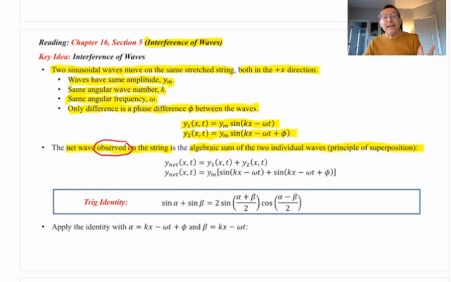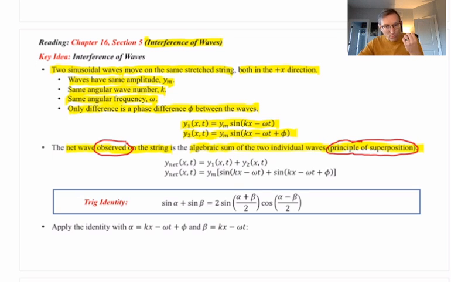Algebraic sum, add. If you want to impress people at a party, you can tell them you have learned about what is called the principle of superposition. That principle says that what you would observe for the actual wave in the medium is just the sum of the two waves that you had.